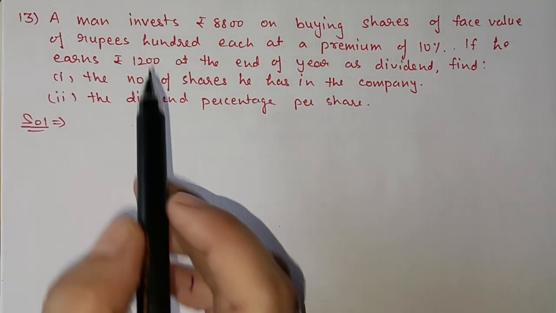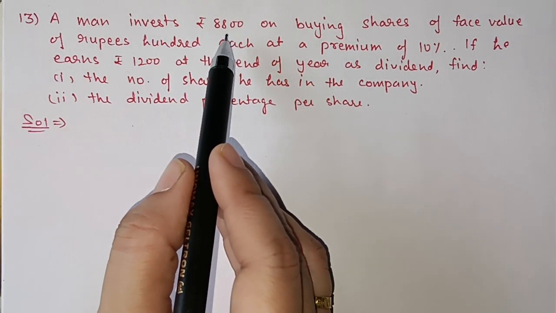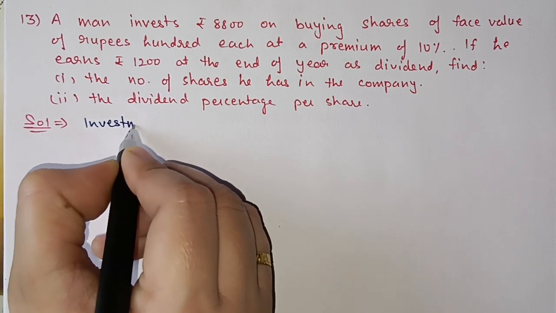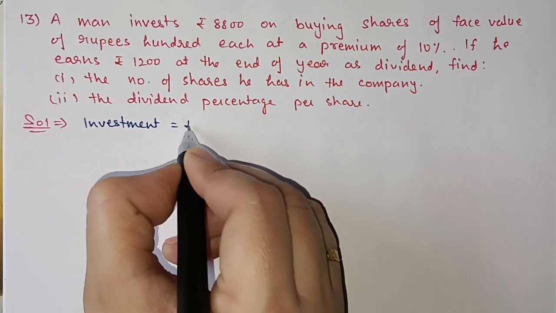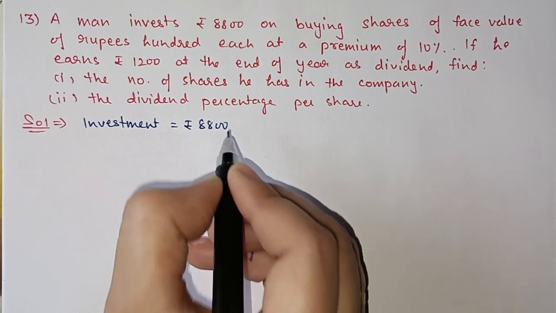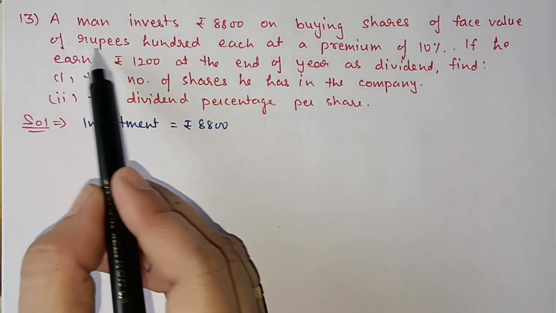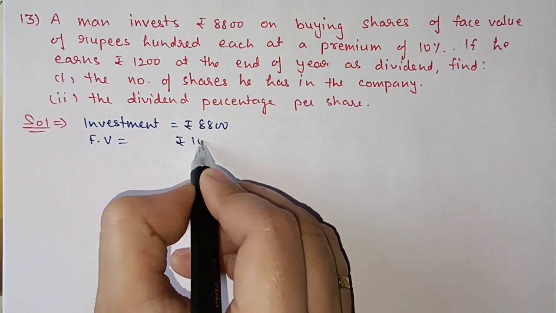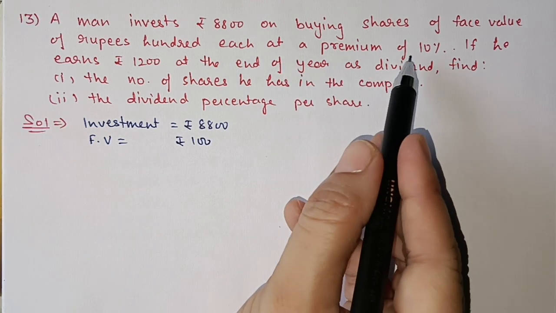So first of all, they have given the total investment as 8,800 rupees. Second thing, face value of rupees 100. So face value is rupees 100 at a premium of 10%.